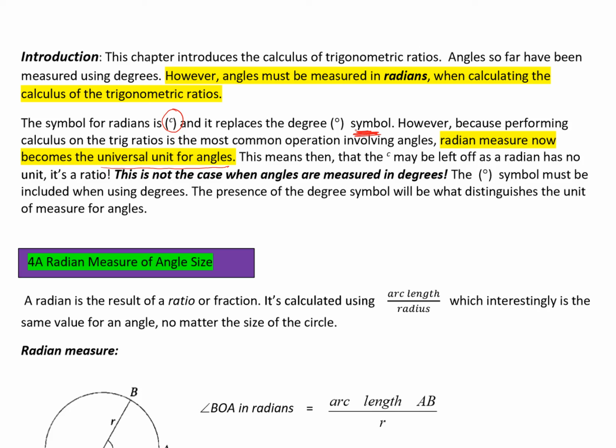So while you, for the majority of your maths course over the years, have used degrees for measuring angles, this is not the universally accepted unit, nor is it the unit that most real mathematicians would use. They would be measuring angles in terms of these radians.